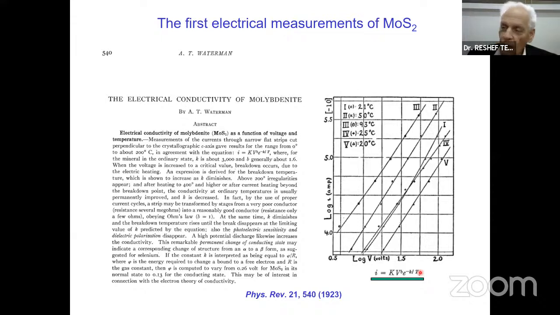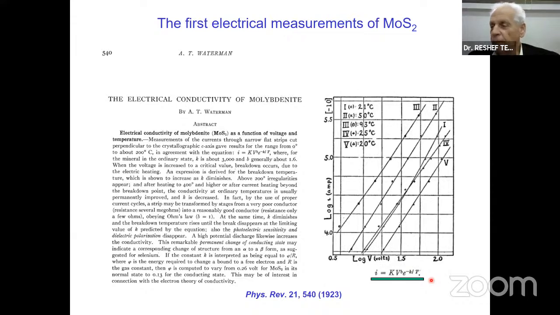In Germany, they already called these materials halbleiters, but not in the US. In the US, the notion of semiconductors came much later, when materials were purified and the properties could be measured reproducibly. So this is the first electrical measurement of molybdenum disulfide.